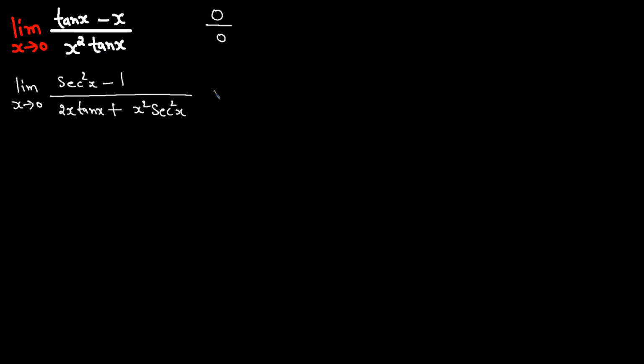So we need to find the derivative of the numerator and denominator again. So let's do that. Limit x approaches 0. The derivative of secant squared x is basically 2 secant x times the derivative of secant x, which is secant x tangent x. So we are using the chain rule over here.